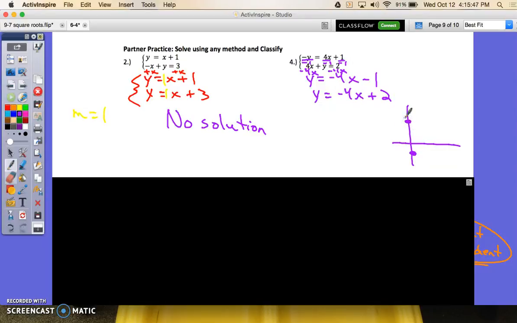However, if you notice, they do have the same slope. Therefore, the rise over run will be constant, making these two lines parallel. Obviously this is a sketch, but it's going to look something like this with your negative slope, and we would have, once again, inconsistent, no solution in this case.